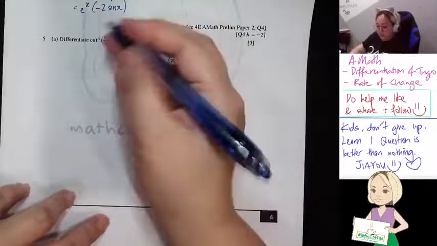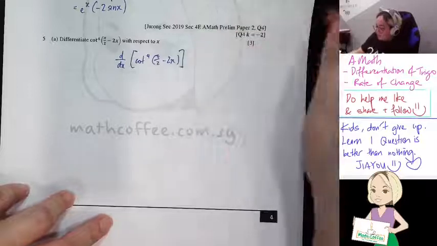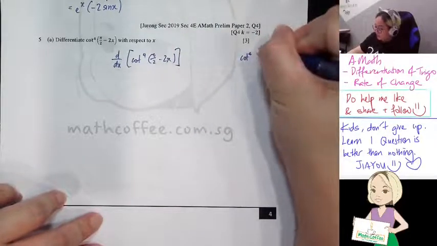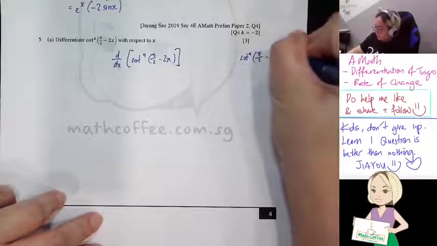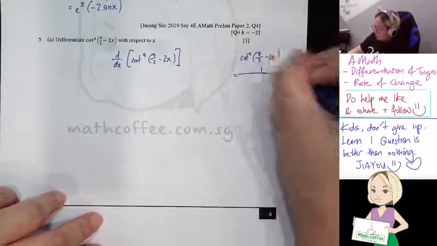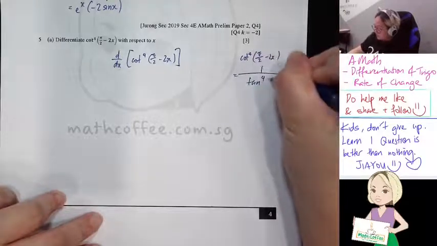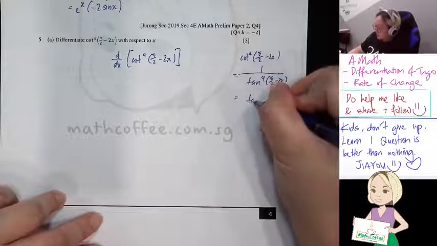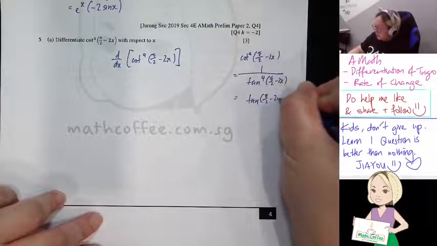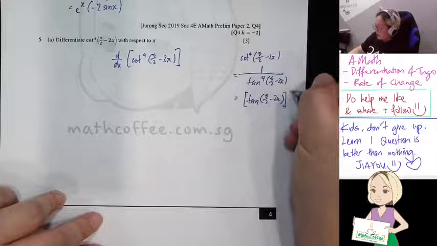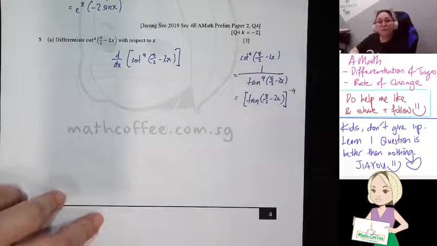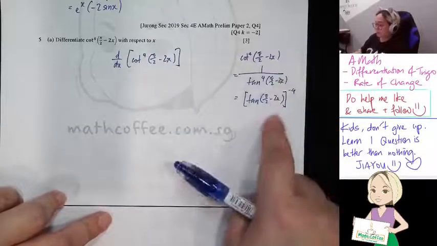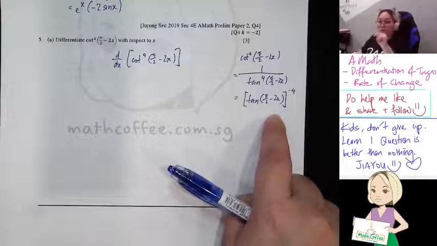So before I differentiate, I'm going to change my cotangent 4 of pi over 2 minus 2x to become 1 over tangent 4 of pi over 2 minus 2x, and change this to tangent of pi over 2 minus 2x to the power of negative 4. I need to change this first, then I can start to differentiate.